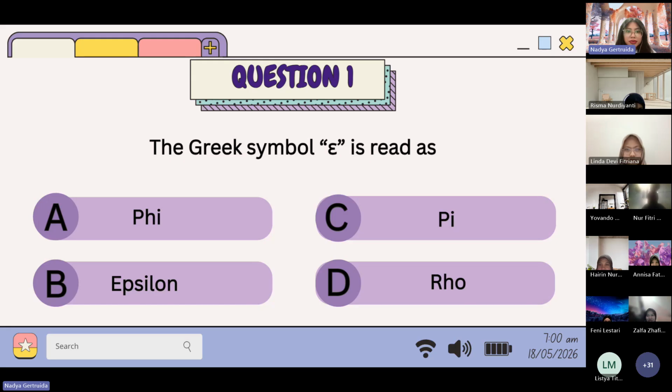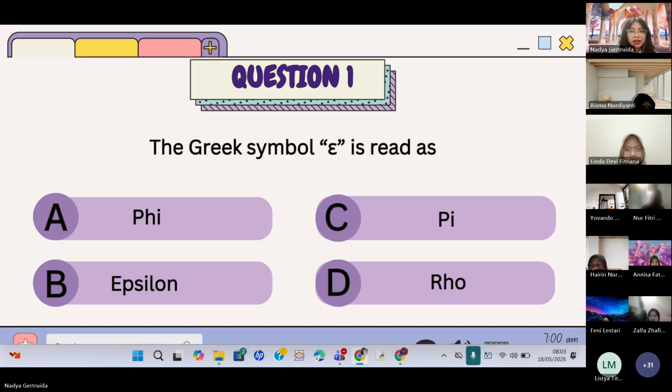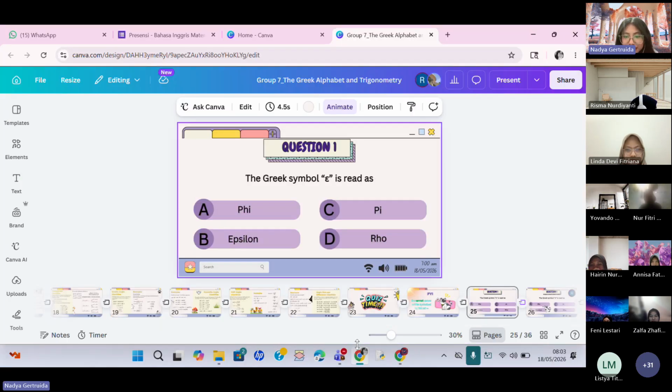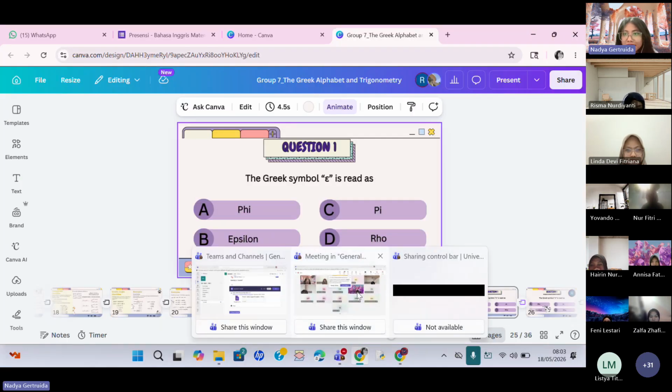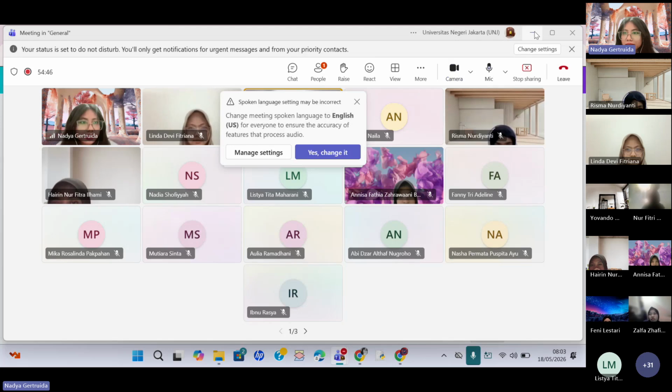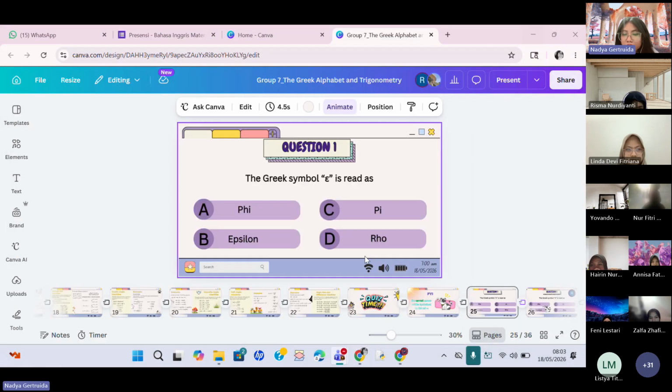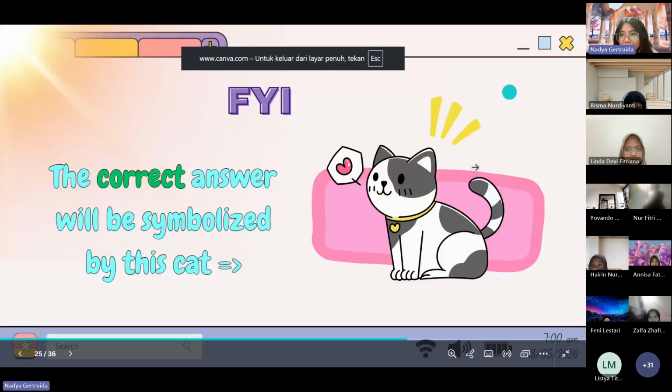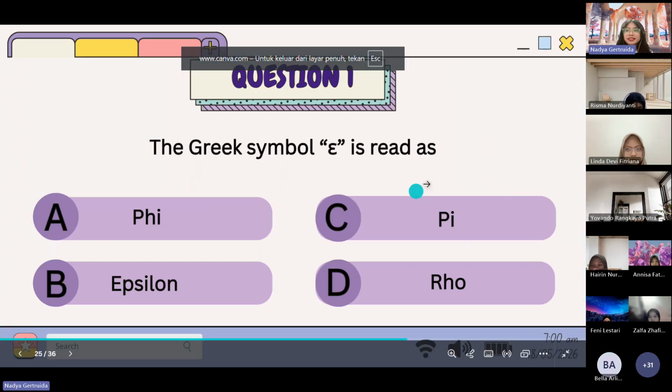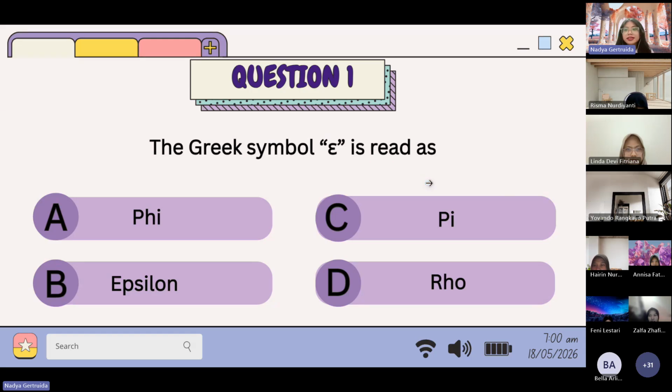For the first question, the Greek symbol is read as. Yes, Jalfa Javira, you can give your answer.